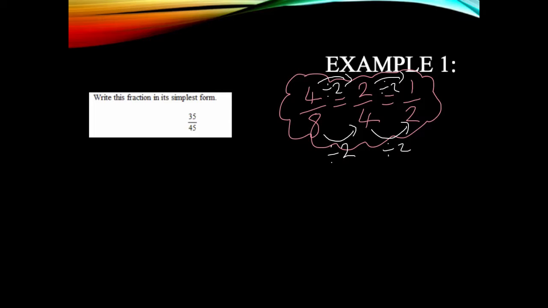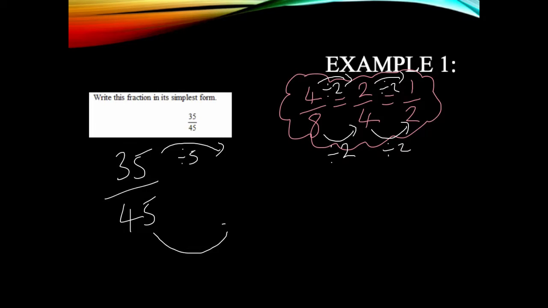And hopefully you're shouting out, yes there is, 5 does. So if I had 35 over 45 and I divided the top by 5 and the bottom by 5, what do I get? Well, how many 5s go into 35? That's 7. How many 5s go into 45? 9. So writing this fraction, 35 over 45, in its simplest form is 7 over 9.